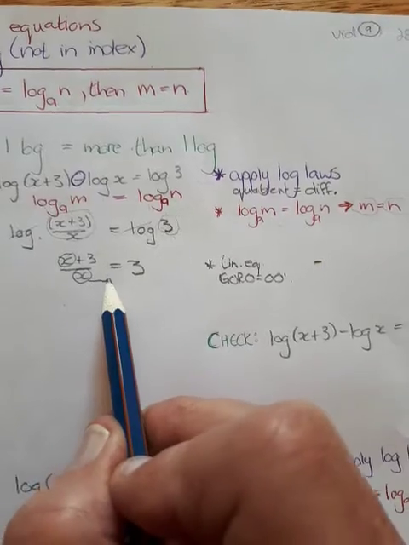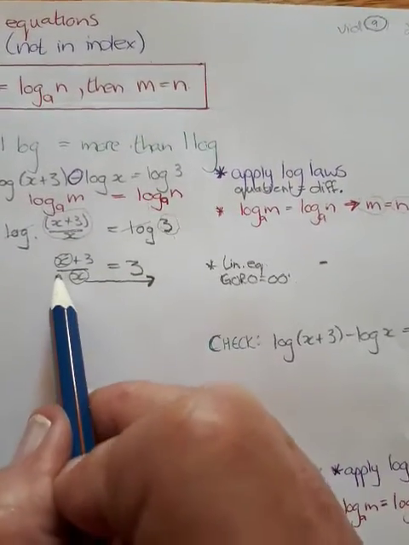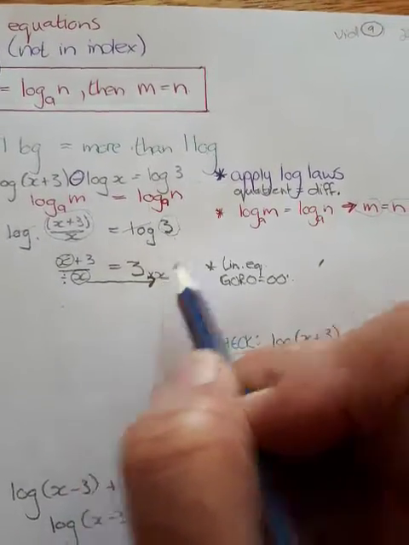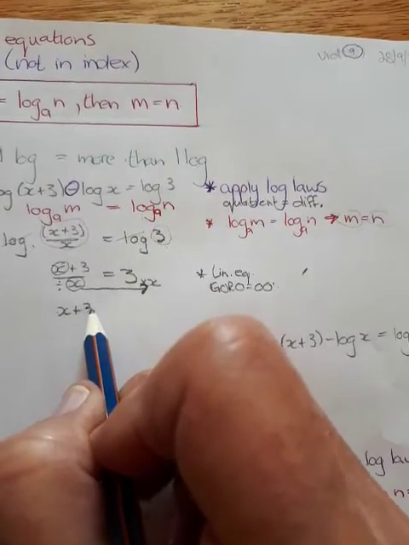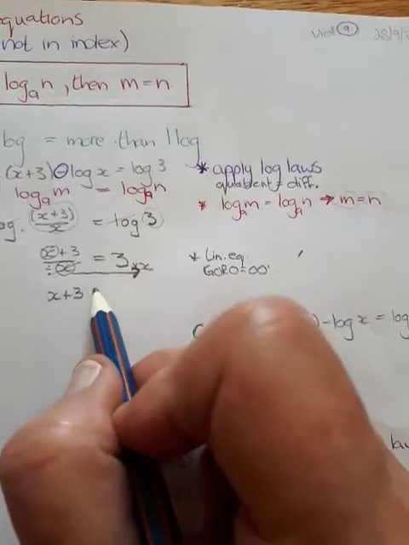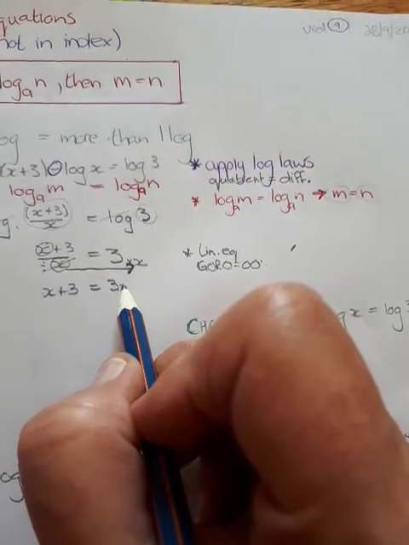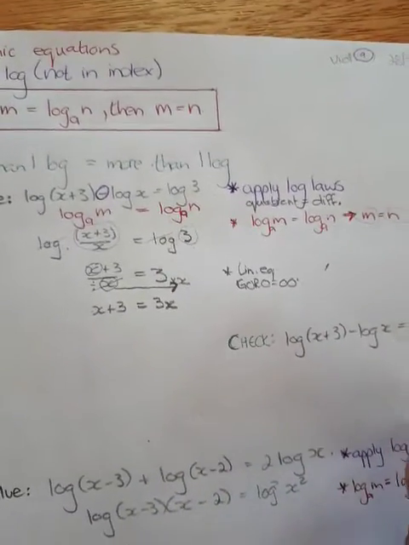I taught you that we will always move the denominator first. Why? Because it's divided on this side and it becomes times on that side, which means I have got x plus 3. I moved this x to the right-hand side. I've got the 3, and I multiply by x.